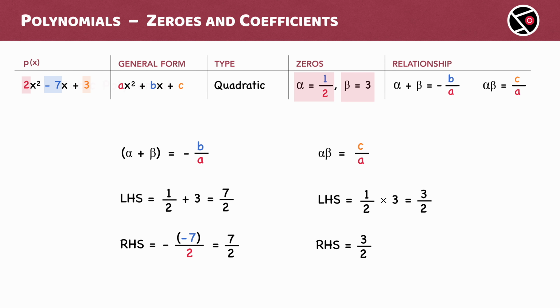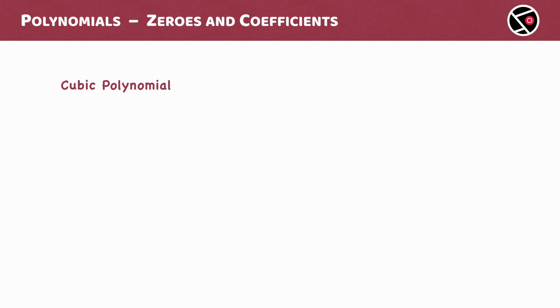Let us now move to a cubic polynomial. P of x equals ax to the power 3 plus bx to the power 2 plus cx plus d. Let's assume that the zeros of this polynomial are alpha, beta, and gamma. Just like the quadratic case, we can write the polynomial as k times x minus alpha, x minus beta, x minus gamma.